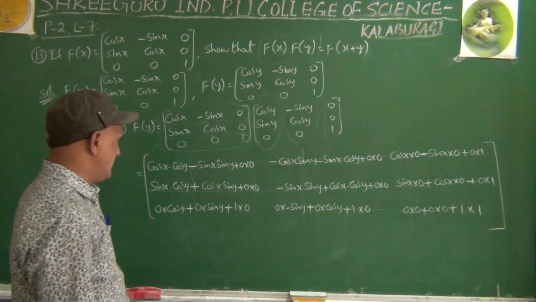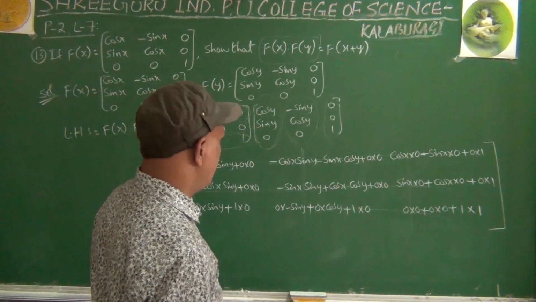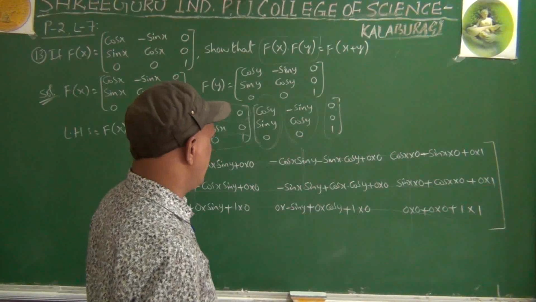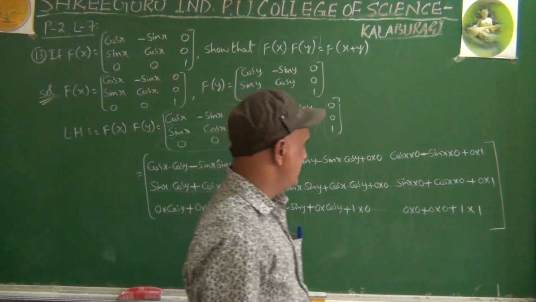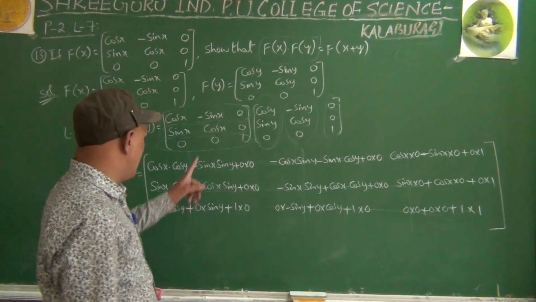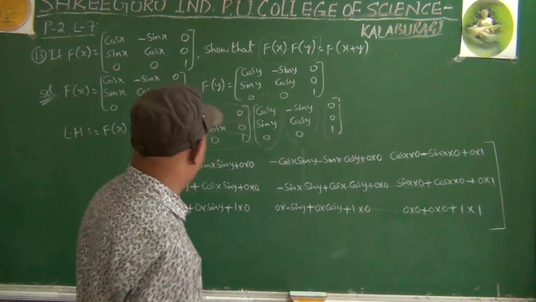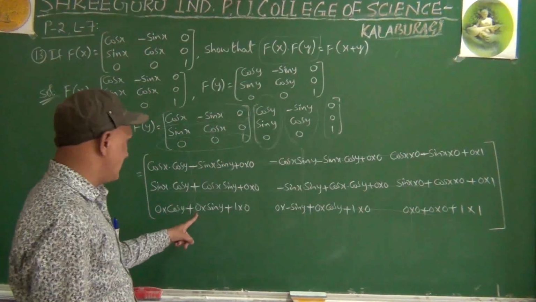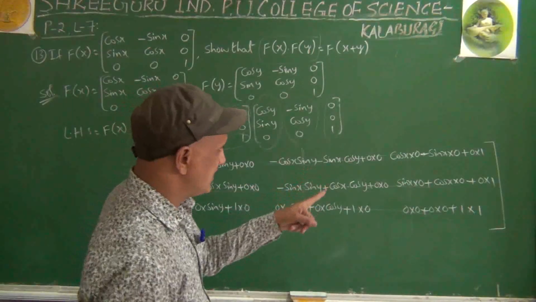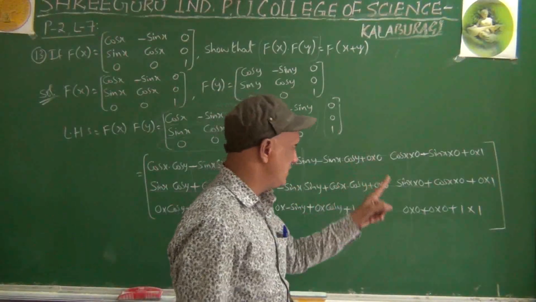Okay. Cos y, sin y, 0, sin y, cos y, 0, 0, 0, 1. Right. Cos x sin x 0, sin x cos x 0, 0, 0, 1.